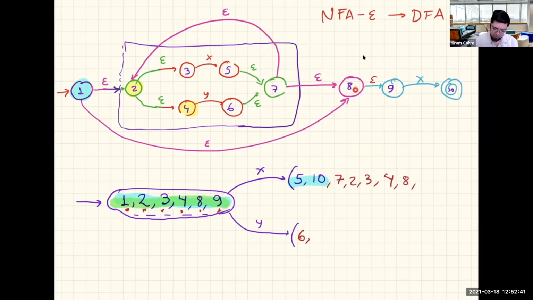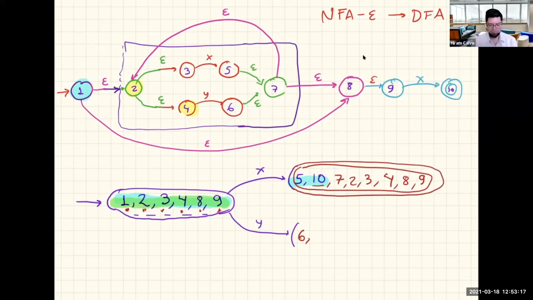And from 8 we reach 9. And I think that's all. Yeah, a very, very big state. But that's not all, because that's the expansion of 5. Now we need to add the expansion of 10. So we verify 10, and there are no arcs coming out from 10 to other states with an epsilon arc. But also please note that 10 is an accept state. Then it means that this whole state will be an accept state.